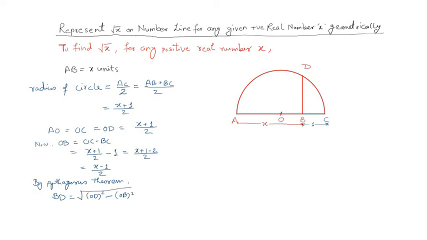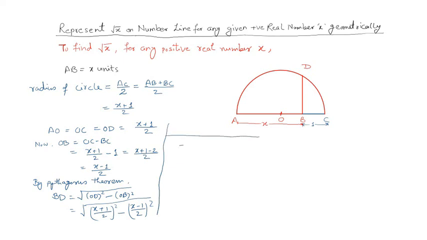So that will be equal to the square root of, OD is (x plus 1) by 2 whole square, minus OB, which is (x minus 1) by 2 whole square. So let's open this expansion.